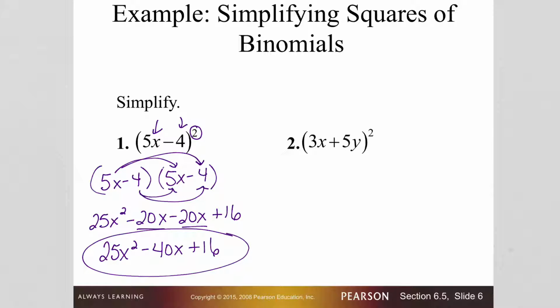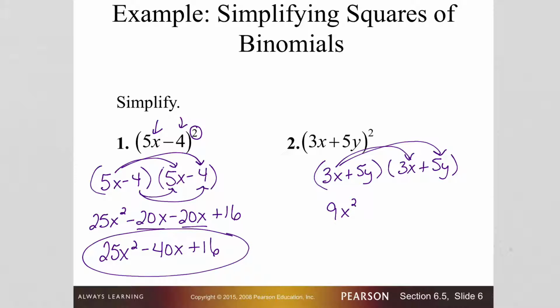So now let's look at the next one. Again, write it out. Take the time to do that. 3x plus 5y times 3x plus 5y. So we're going to multiply 3x times 3x and 3x times 5y. So I've got 9x squared plus 15xy. I'm going to multiply 5y times 3x, and I have positive 15xy.